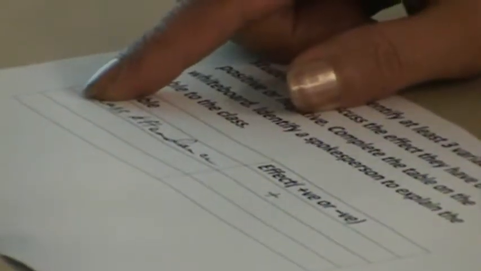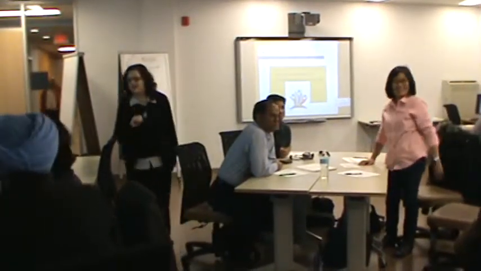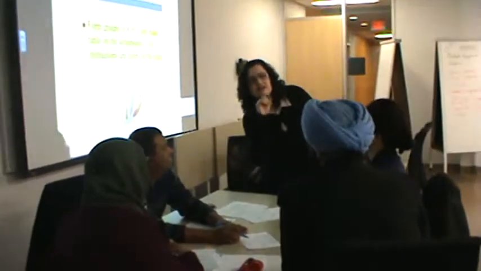Once you're done, you can write it on the whiteboard, positive and negative. How's it going here? It's good. So you have to write down just 3 variables and then write them down on the board.